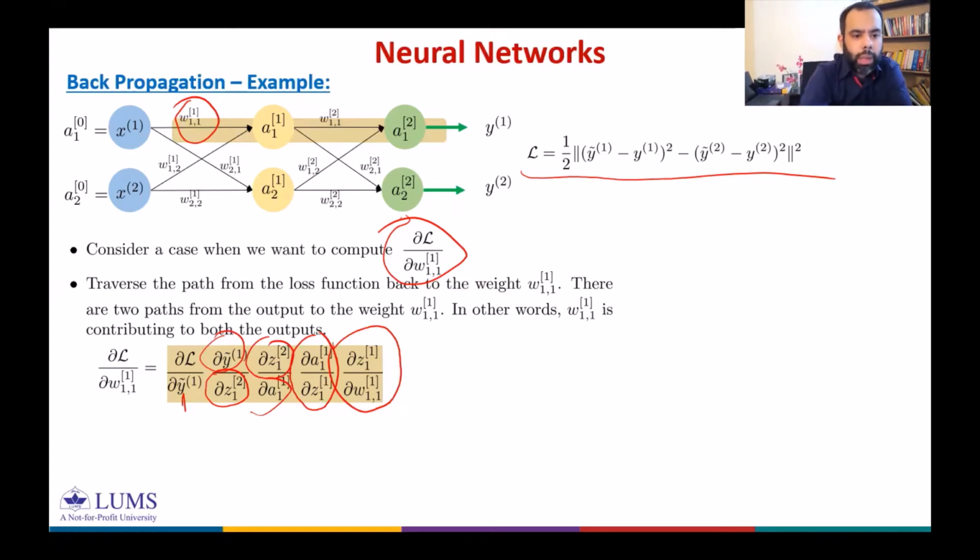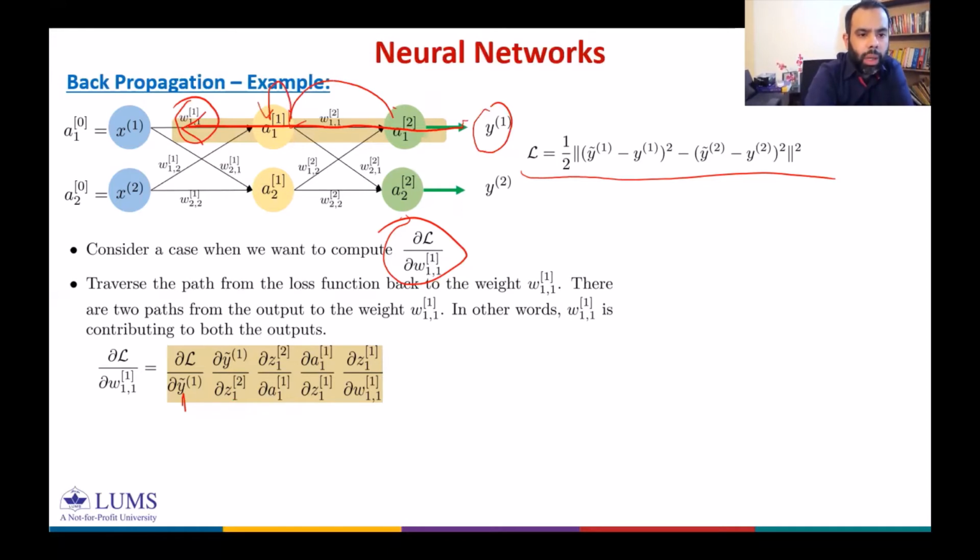So I have simply traversed this path towards the weight. First the derivative of the loss function with respect to y1 tilde, then the derivative of y1 tilde with respect to pre-activation output, the derivative of pre-activation output with respect to the input, this with respect to the pre-activation output of this node, and finally the derivative of the pre-activation output with respect to the weight. Clear?